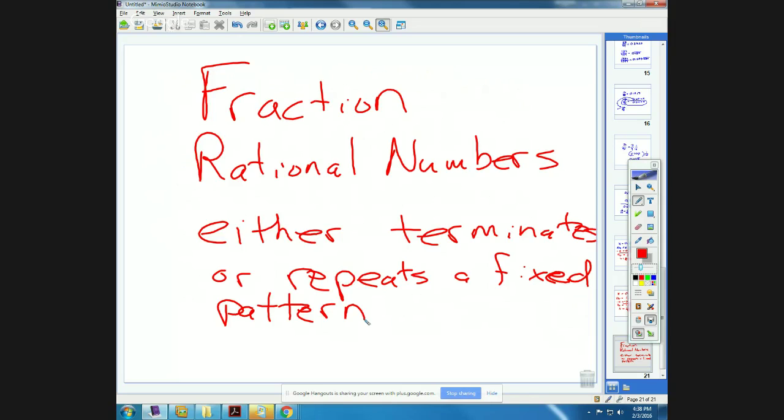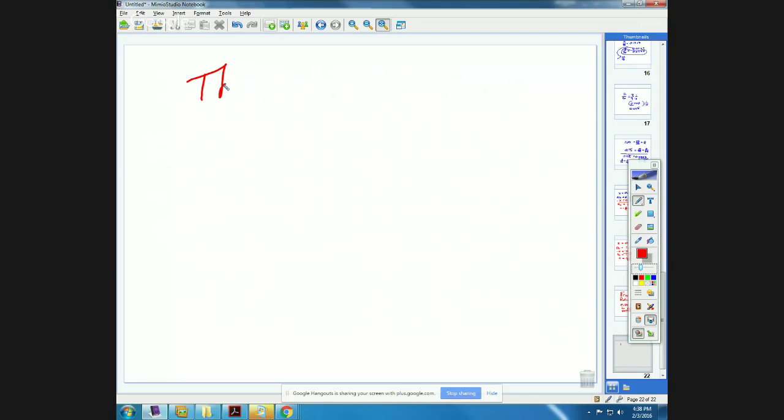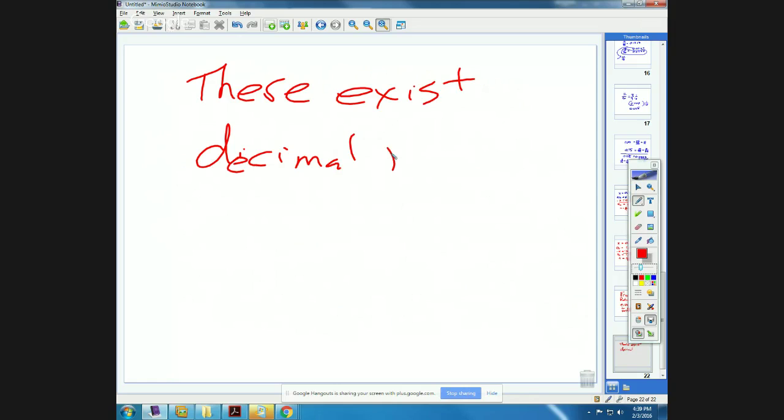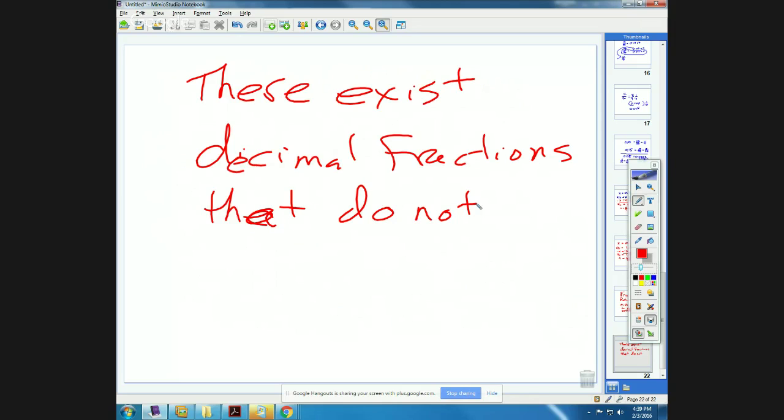Yeah. So here's the next question. Well, are there decimals that don't terminate or repeat? That's pi. Pi is one of them. So we have seen, so there exist decimal fractions that do not terminate nor repeat.